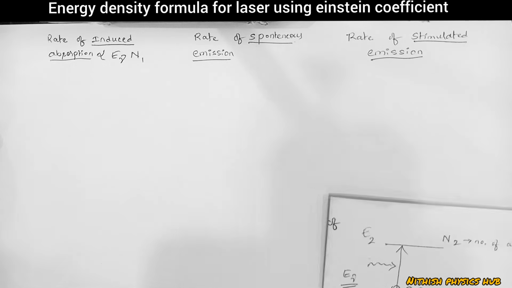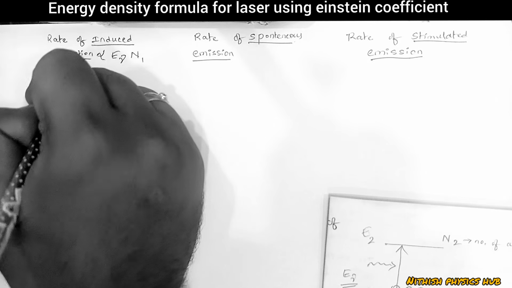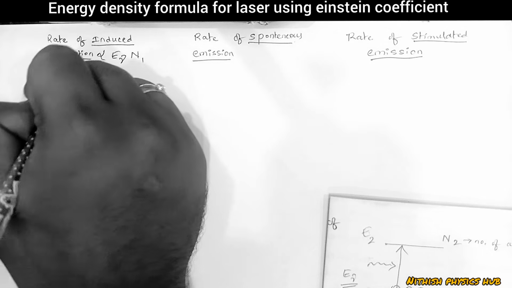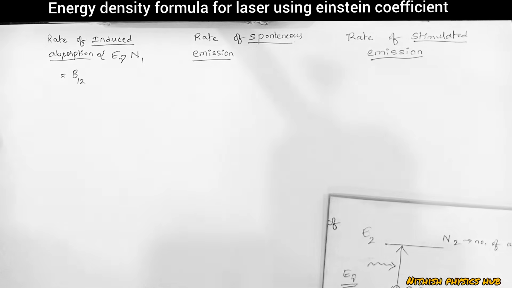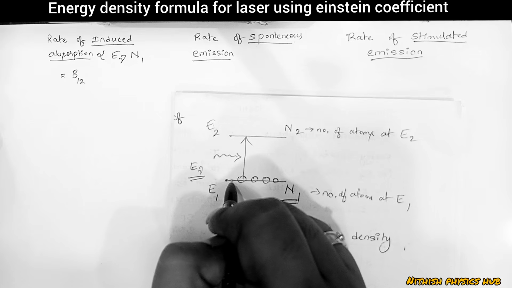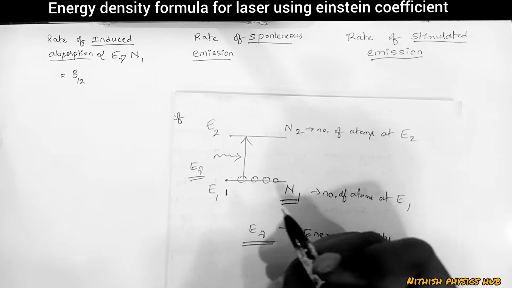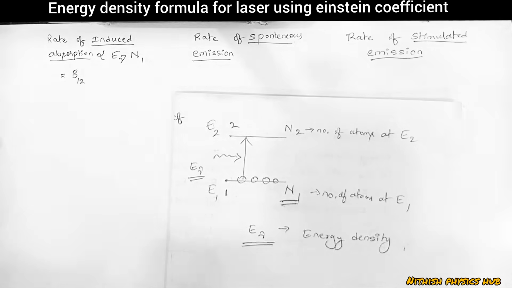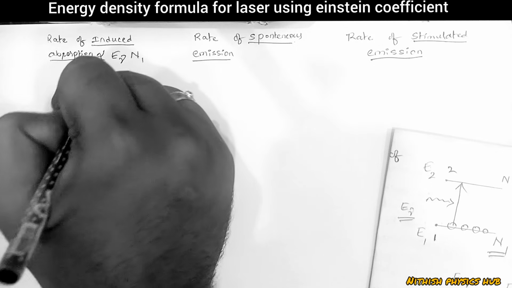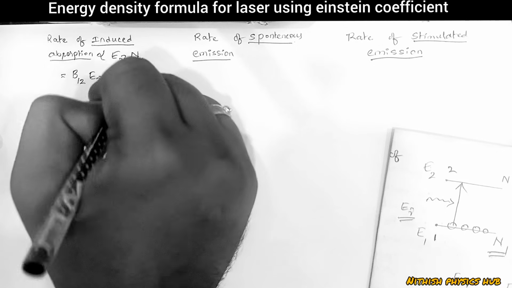To remove the proportionality symbol, I will add a constant, given as B12. What is the indication of 1 2? It indicates the direction: the atoms are moving from ground state 1 to 2. So the rate is B12 E mu N1. Take it as equation number 1.